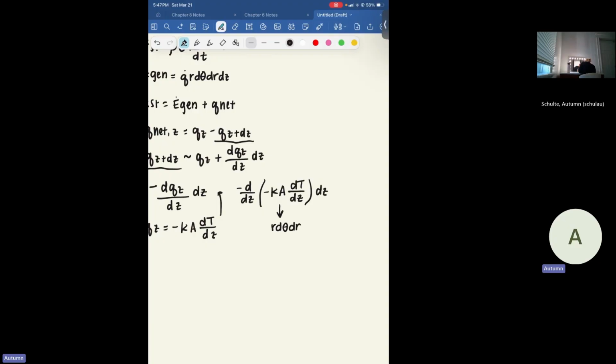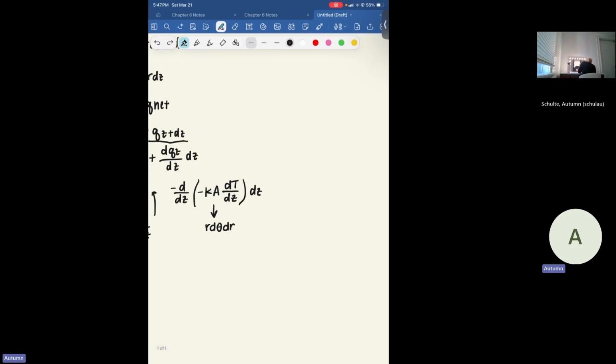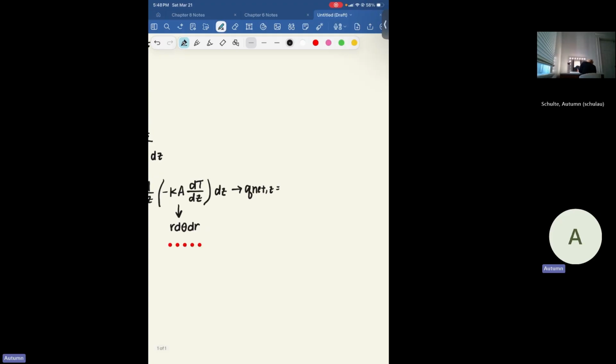And if you'll note here, none of this is dependent on z, so we can actually take all of that out of our derivative. So simplifying that, we're going to have the net heat flow in our z direction as the differential in the z direction multiplied by the thermal conductivity multiplied by the change in temperature with respect to the z position times, if you'll notice we multiply these together, that is our differential volume.